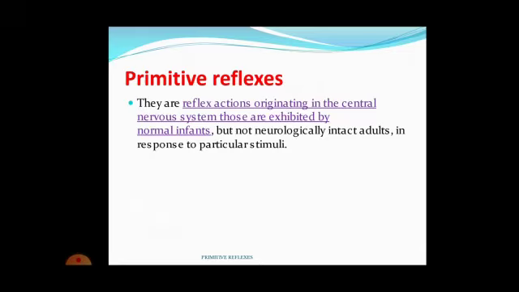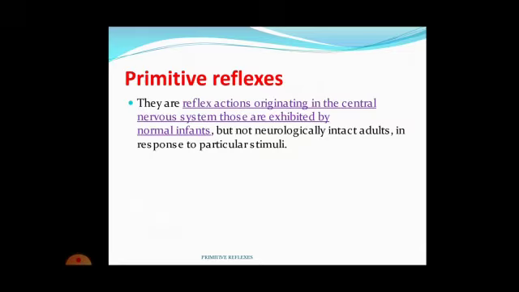Clear? So what is the definition? These are reflex actions originating in the central nervous system. Whenever you think of any reflex arc, the center of that reflex arc will be situated in the central nervous system. The center may be in the spinal cord, the brainstem, the midbrain, or the cerebral cortex.